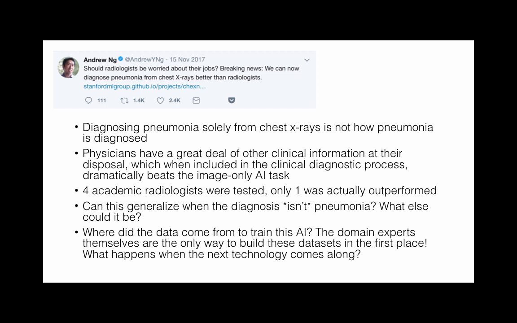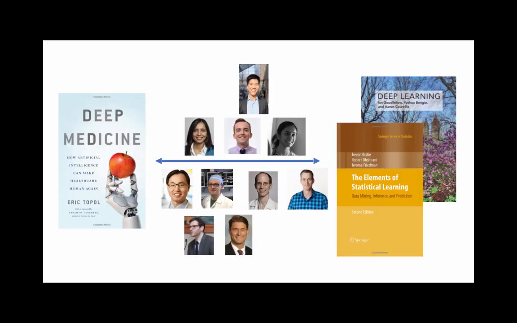Generally, for example, pneumonia is not diagnosed solely based on a chest X-ray. There's a whole host of other information, and a lot of this was glossed over and not really thought about in the context of how you would employ something like this that would actually augment the workflow of a radiologist or whoever would be interested in this process. So it's a very famous example, although there are plenty of others.